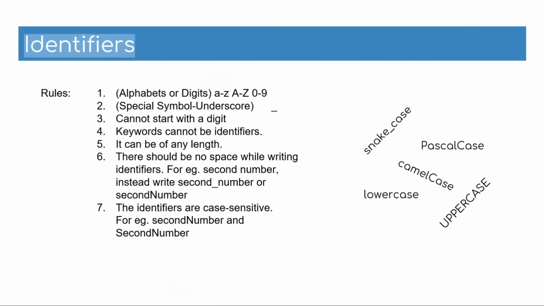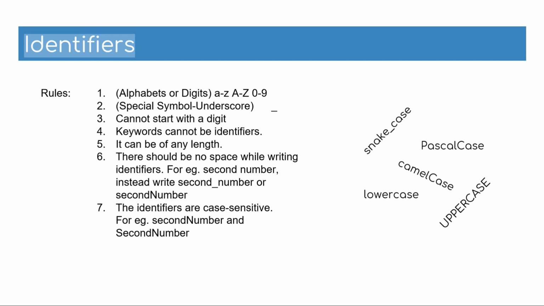The next thing is identifiers. So identifiers are the names given to different parts of a program. Let us say you wanted to write some variable a is equal to 10. Then a is an identifier which is holding a variable with the value 10. Now there are certain rules for writing these names.